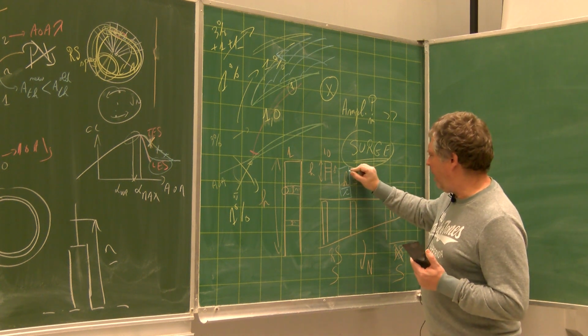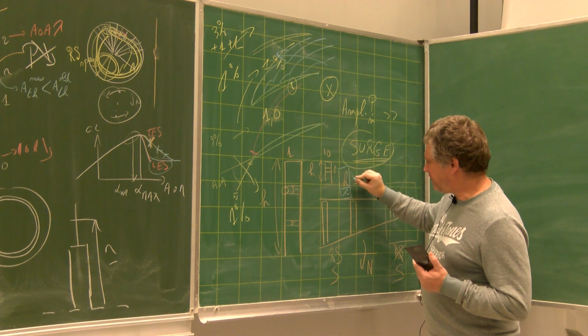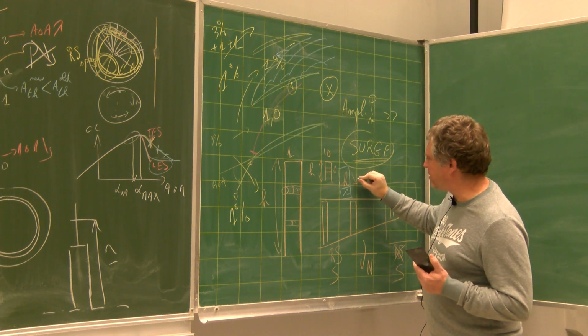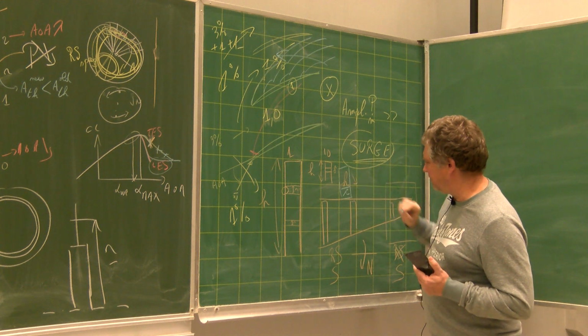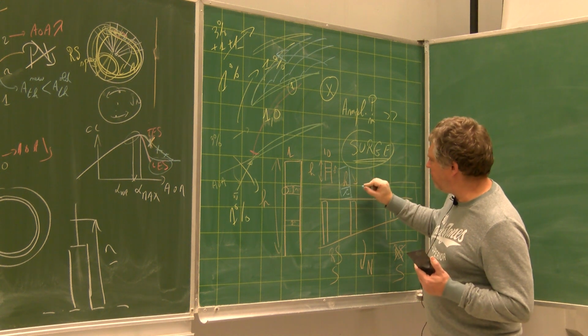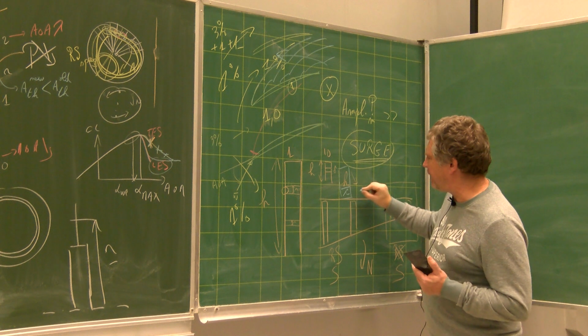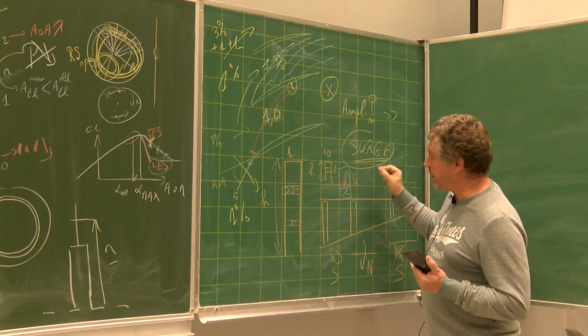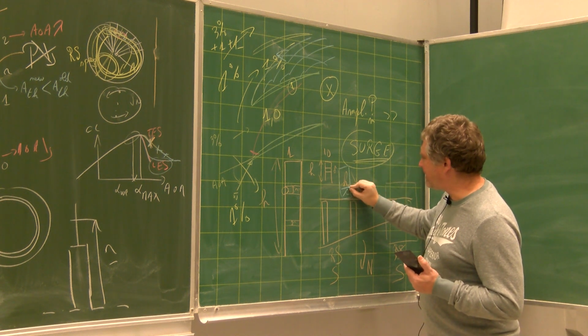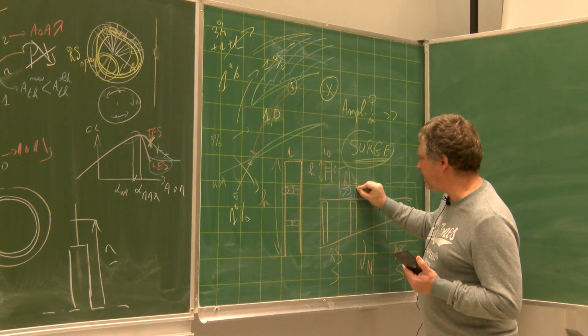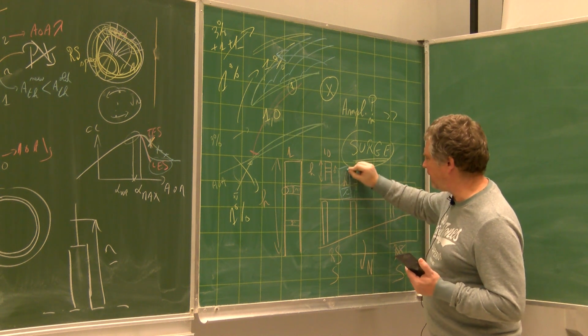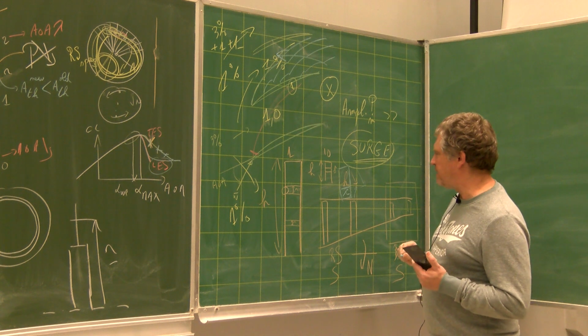So you see, when H is decreasing, you have H divided by C decreasing as well. When C is increasing, you also have H divided by C decreasing.